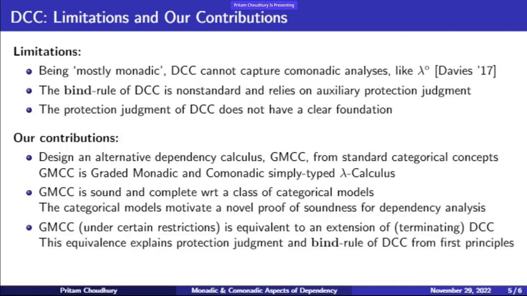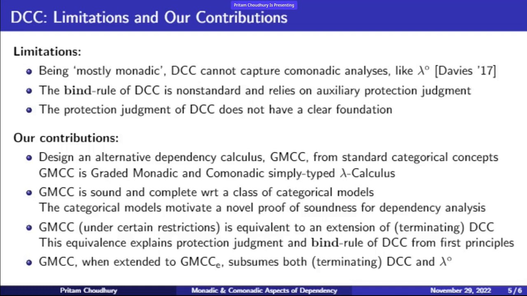And via this equivalence, we can explain the protection judgment and the bind rule of DCC from first principles. And GMCC, when extended to GMCCE, subsumes both the terminating fragment of DCC and lambda circ. So this is a more general dependency calculus.